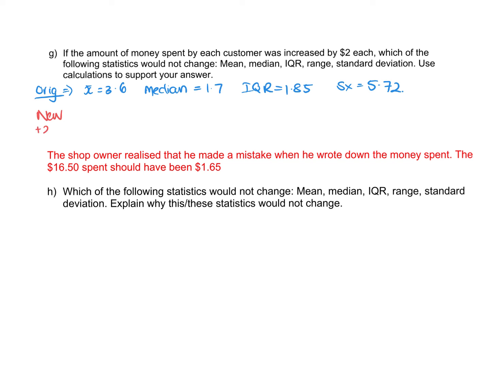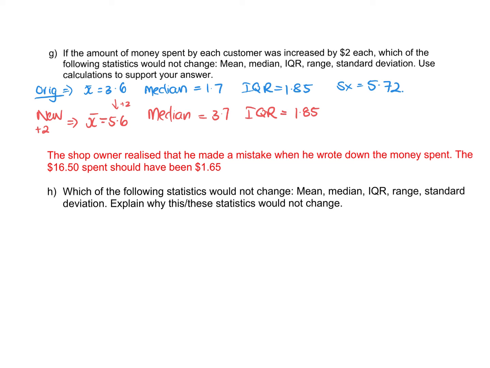If I did the new stats with adding the two, what we'll see is we got the mean of 5.6. So it simply added 2 to it, didn't it? So if you're adding 2 to everything, all it did was add 2 to the mean. It added 2 to the median. Now, watch the IQR. The IQR actually ends up being the same.